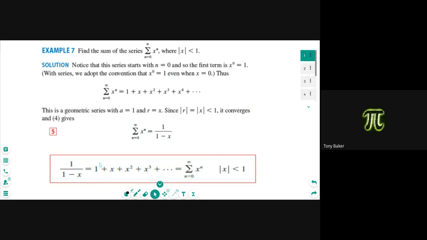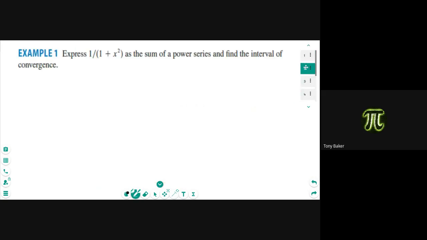In essence, what we did in section 11.2 was find what value the series converged to. Now we're going to use this to create that summation, which will allow us to estimate other functions that are not easily solvable.